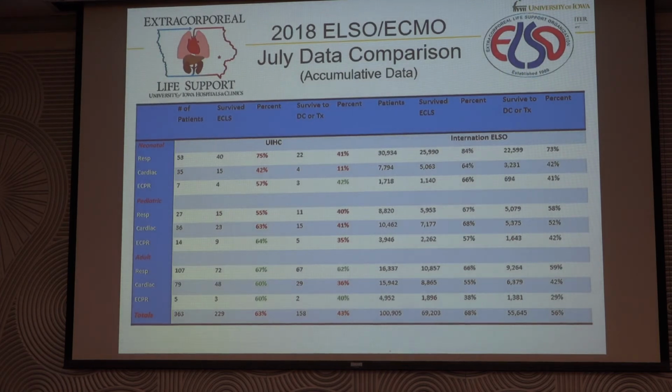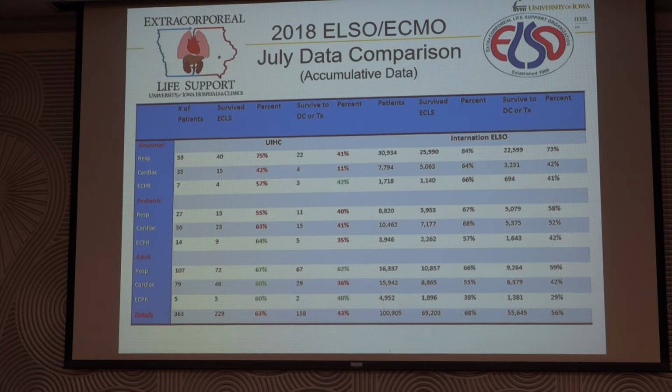And this is basically since the start of the ECMO program at the University of Iowa, going all the way back to 1996. We've done a total of 363 patients, and about 229 of those survived ECMO, which is a 63% rate.